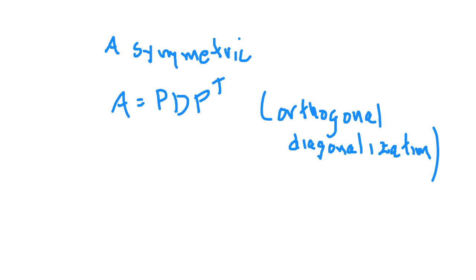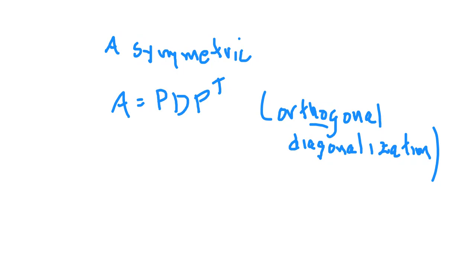That's what makes symmetric matrices nice. When we learned about regular diagonalization back in section 5.3, not all matrices could be diagonalized. But if you have a symmetric matrix, it can be diagonalized, and in fact you can orthogonally diagonalize it. But look at what we can do here.